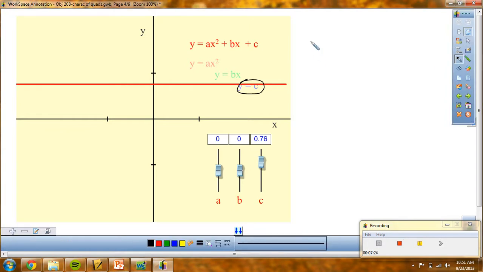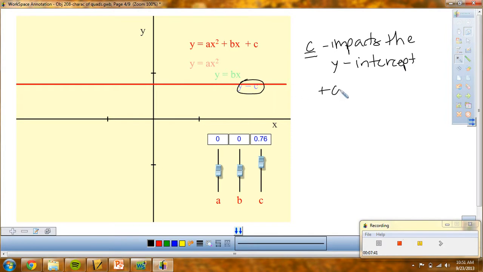The constant, or our c here, is representing or impacting the y-intercept. Okay, so a positive c is going to have a positive y-intercept. A negative c gives us a negative y-intercept, just as we saw in graphing lines.